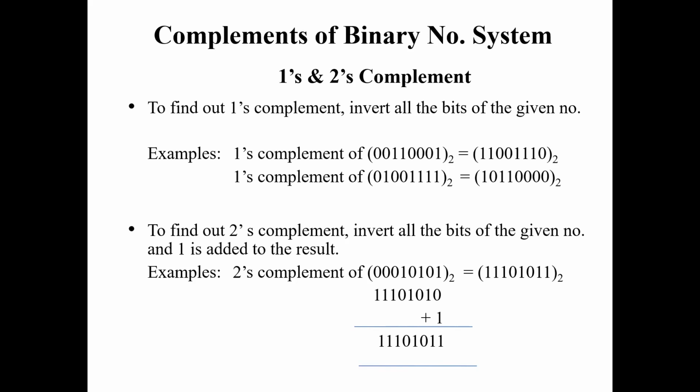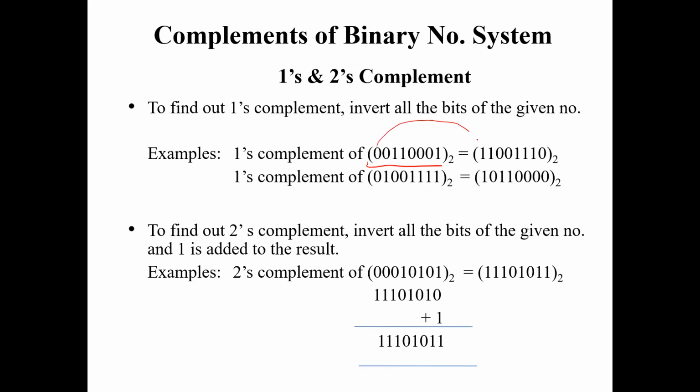In order to find the ones complement of a particular digital number given in binary form, you have to invert all the bits of that given number. I'll explain with the help of an example. The ones complement of the number 00110001 to the base 2 can be found by inverting all the bits, meaning zeros will be replaced by ones and ones will be replaced by zeros.